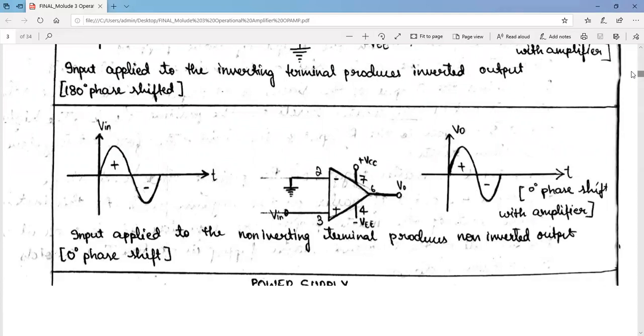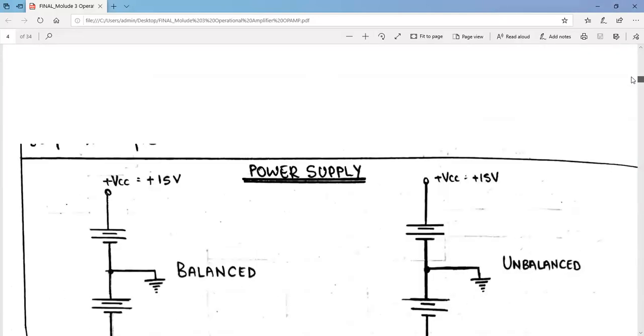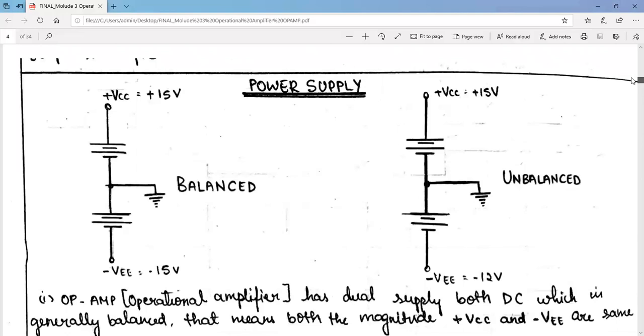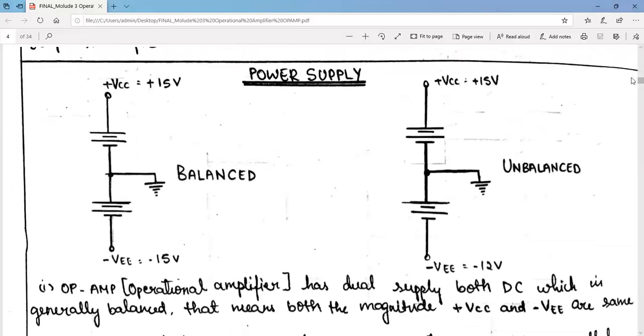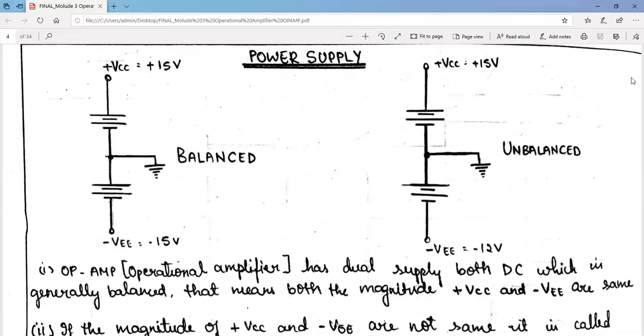Now let us see the different types of power supplies which you can come across. In power supplies, you will have two different types, majorly: one is called the balanced power supply, the other is called the unbalanced power supply. In the balanced power supply, the plus VCC, that is the positive power supply, and the minus VEE, which is the negative power supply, both have the same magnitude.